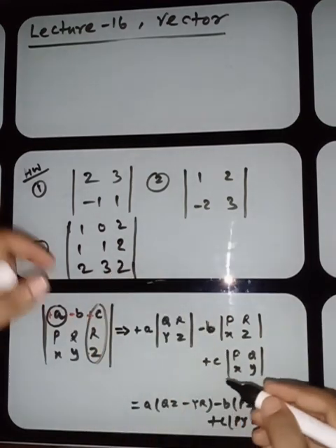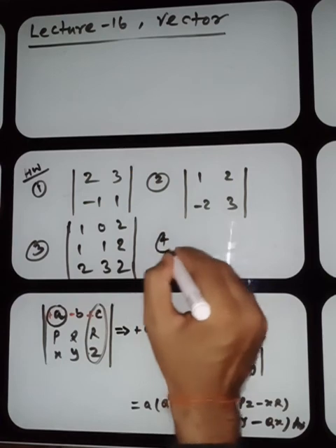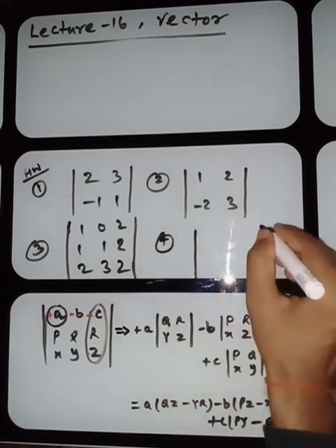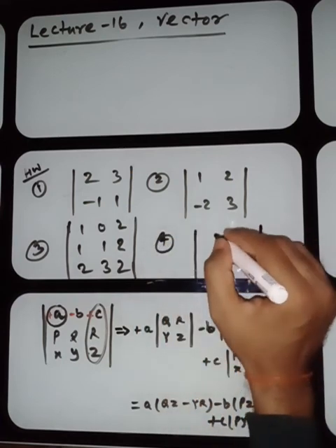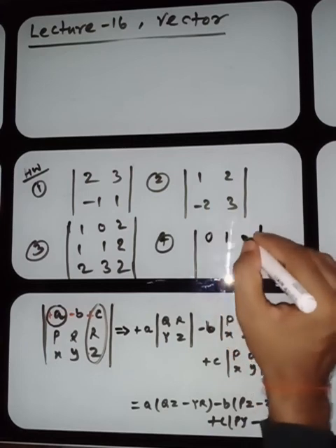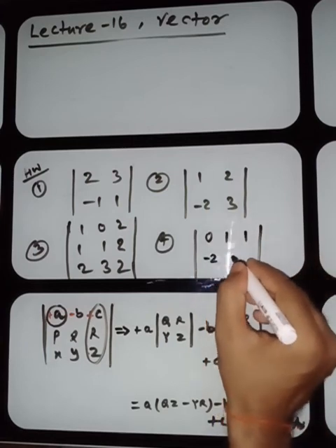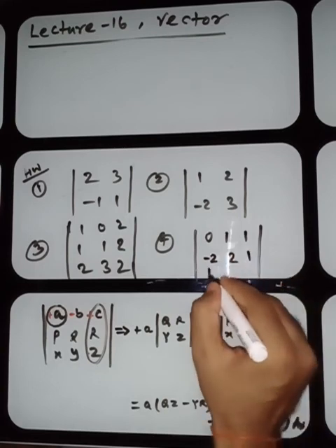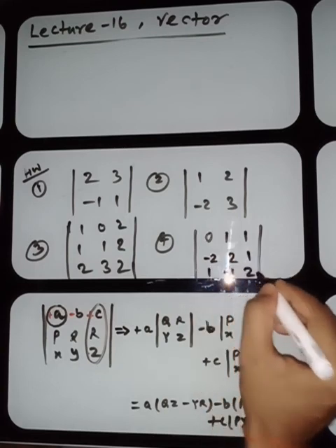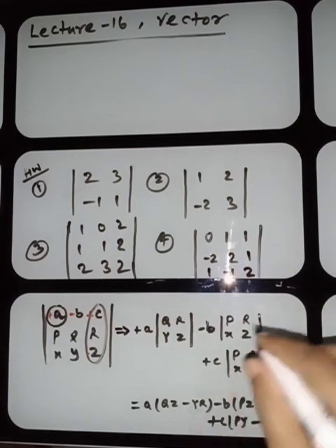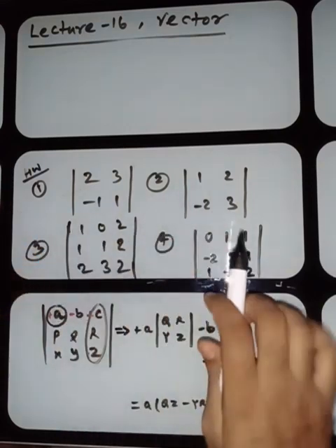What will be the answer of this determinant? And the fourth one: 0, 1, 1, minus 2, 2, 1, 1, minus 1, 2. So what will be the answer of these four questions?